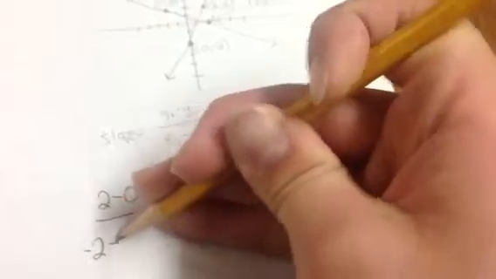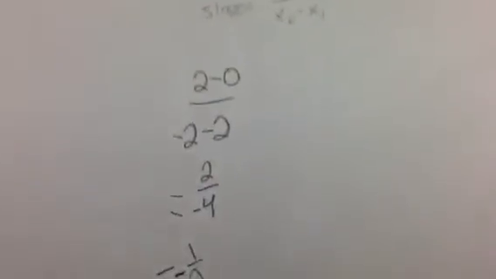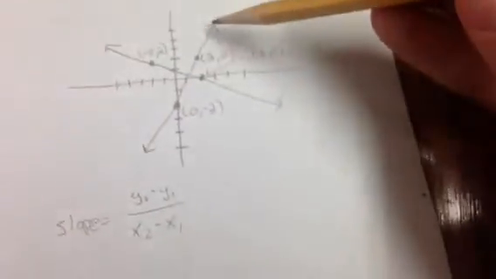So in this line, y2 is 2 and y1 is 0. x2 is -2 and x1 is 2. So this simplifies to 2 divided by -4, which simplifies to -1/2, my bad. So the slope of this line is -1/2. Next, we need to find the slope of this line.